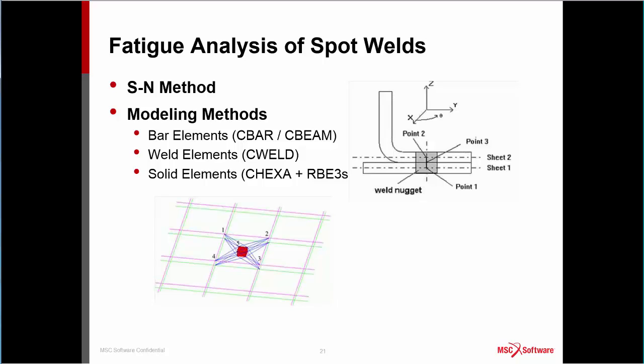And there's another technique that uses the solid hex element with the rigid body element number 3 to connect it down to the patch. That way the little spot weld, which is that red nugget, does not have to be exactly on top of the grid point. Our weld element is the same way. With bars and beams, they have to be grid-to-grid connection, which puts a lot of restriction on that. So we could include spot welds also as part of the fatigue analysis.